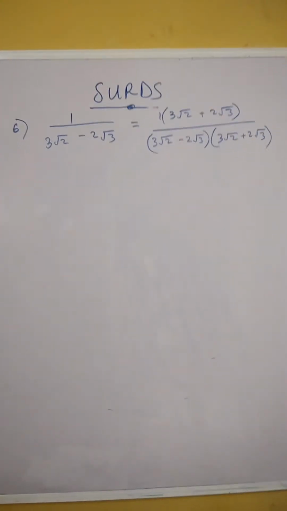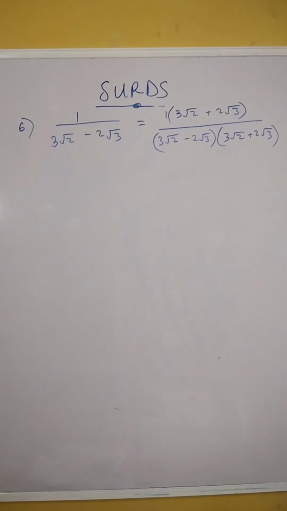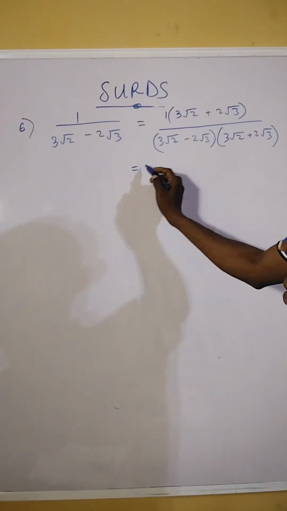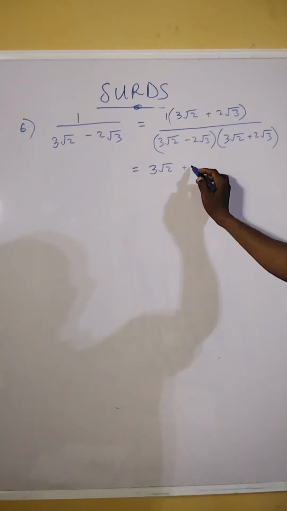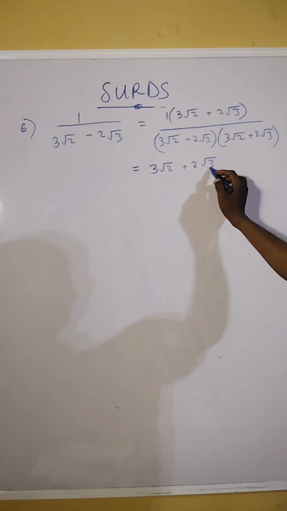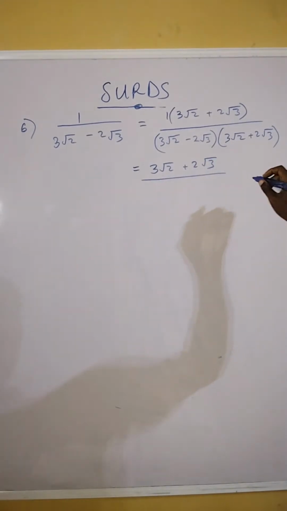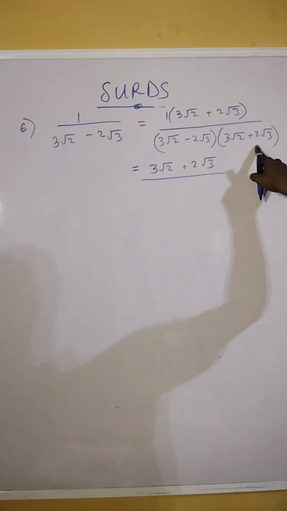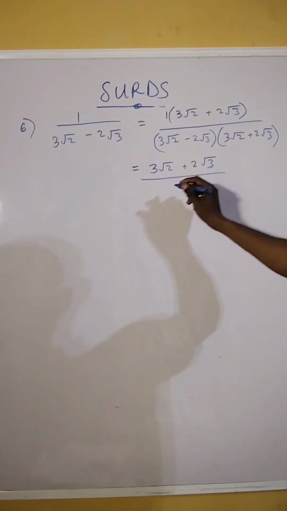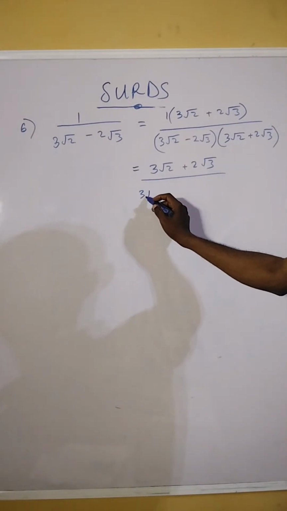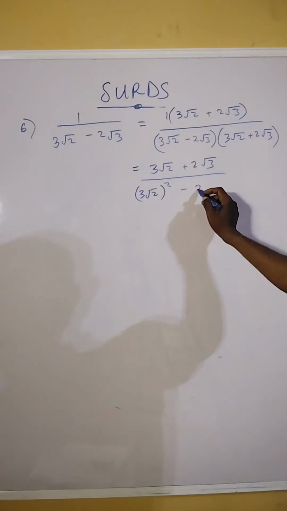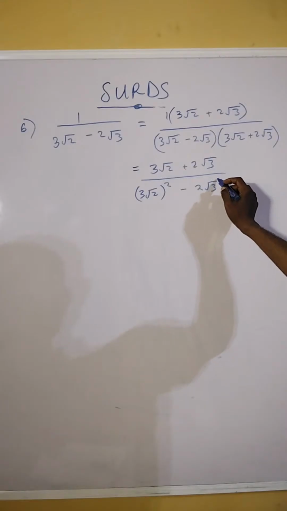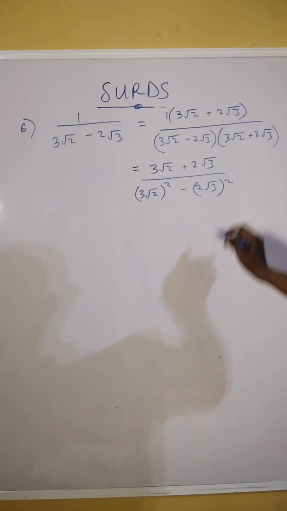That is, we open the brackets from here. When we open the bracket, we still have 3 root 2 plus 2 root 3, then divided by, these are also conjugates. I can write it as 3 root 2 all square minus 2 root 3 all square.